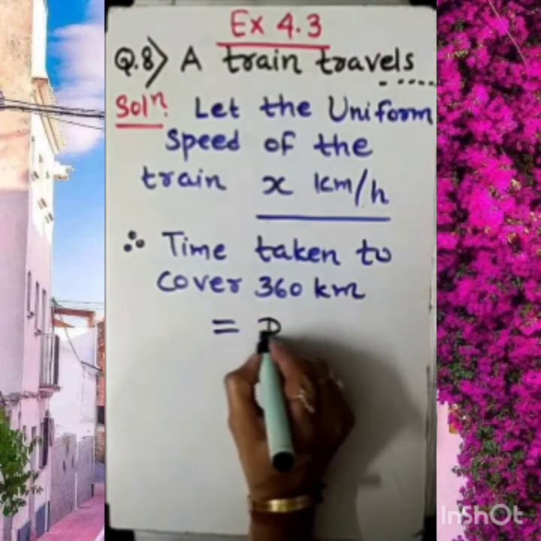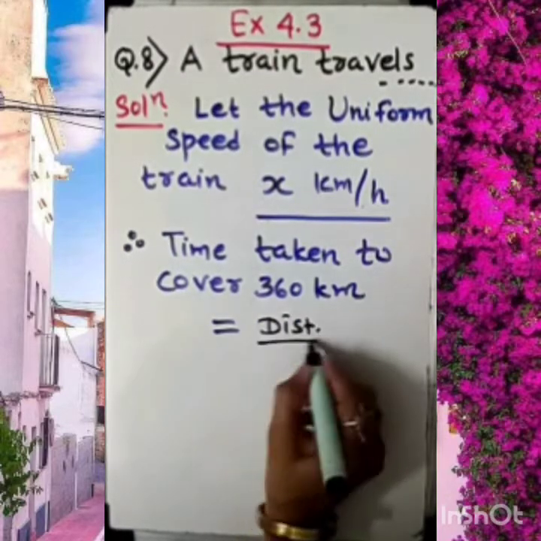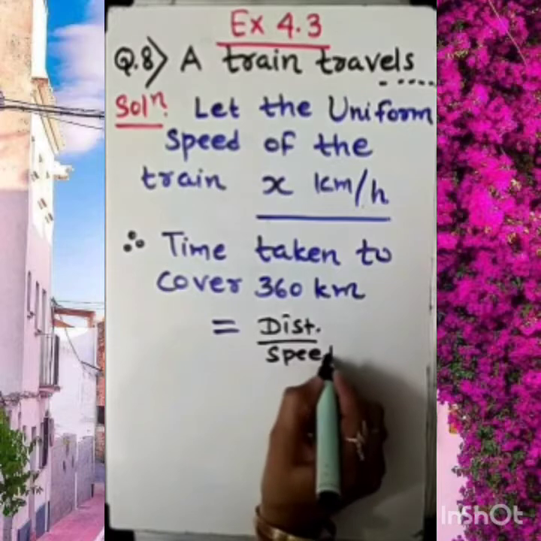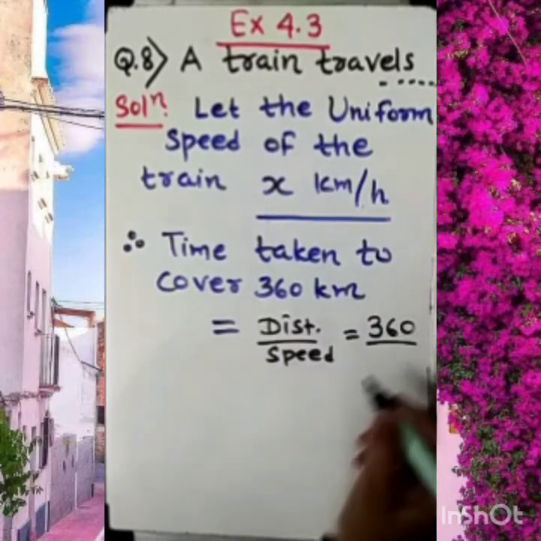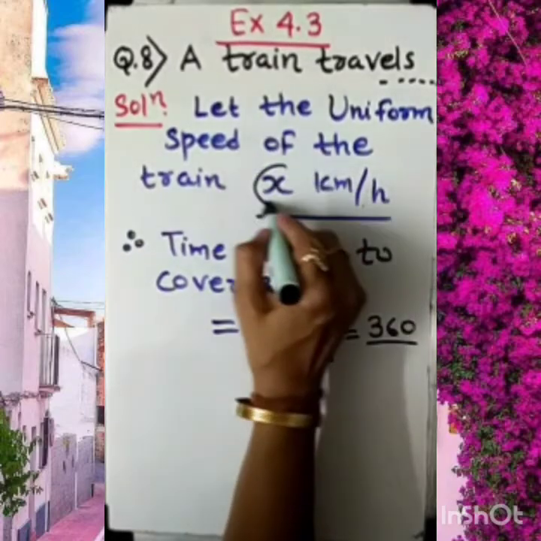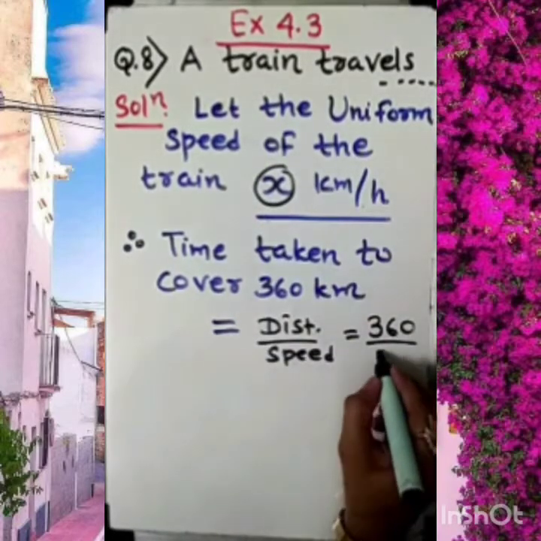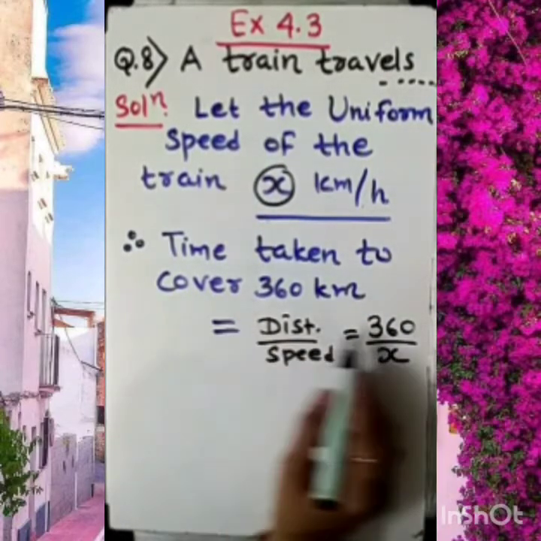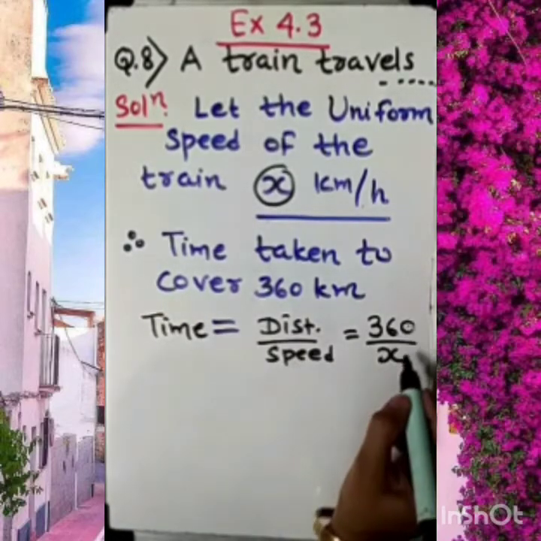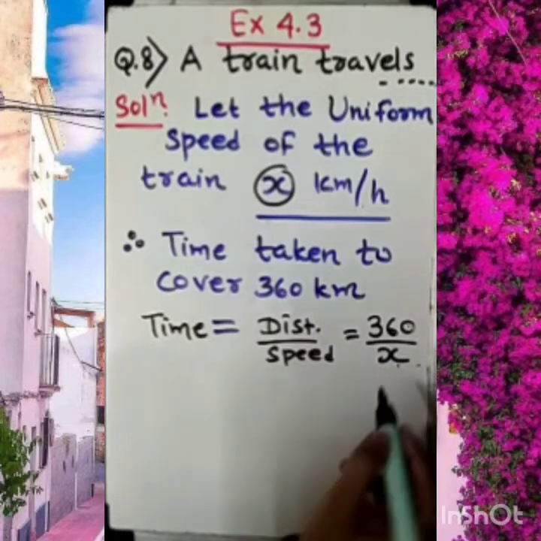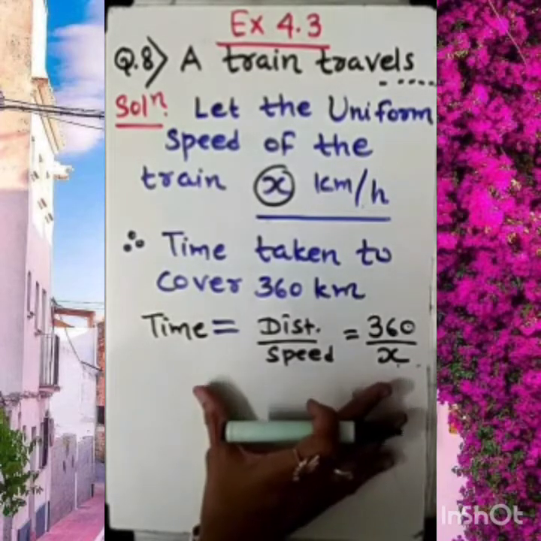So the distance is 360 kilometers and the speed we have already assumed is x. So time equals 360 divided by x, and this is in hours. This is the first ratio.